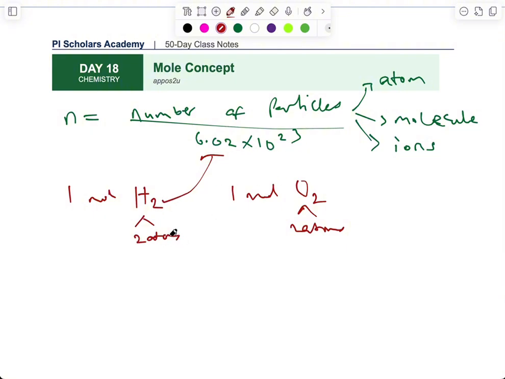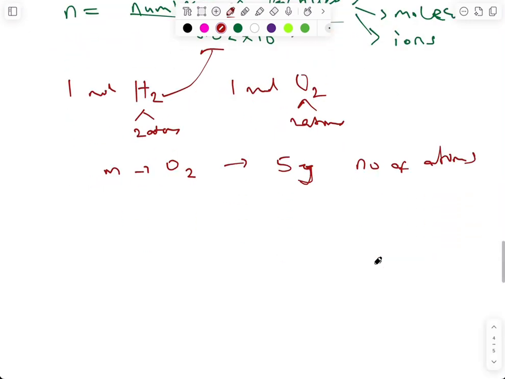So, for instance, if I'm given a question, and you are asked that, given a certain mass of oxygen gas, let's say the mass is 5 grams, you are asked to find the number of atoms present in it.